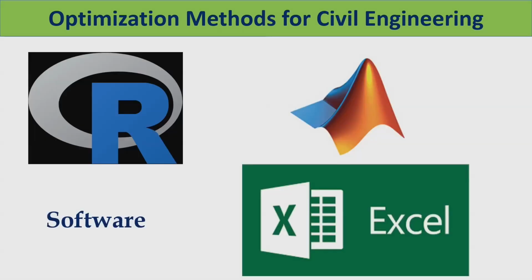As I said, we will mainly use these 3 software: the R programming platform, MATLAB, and Excel. You will learn how to solve an optimization problem using R, using MATLAB and using Excel solver.